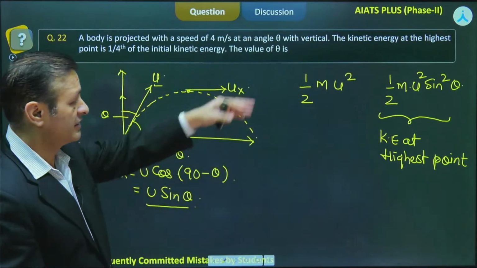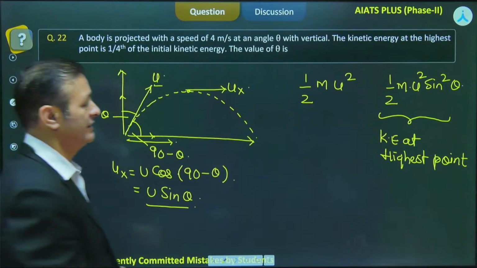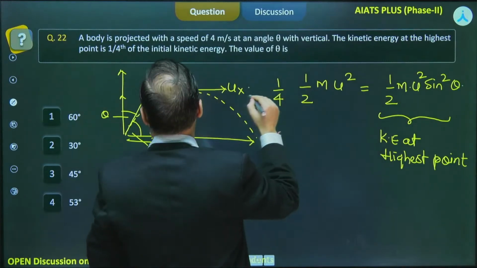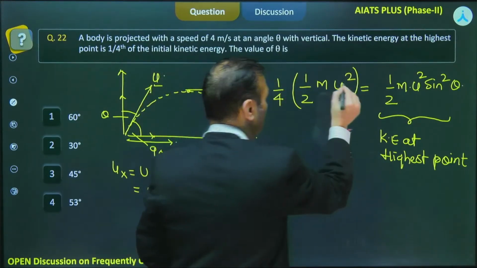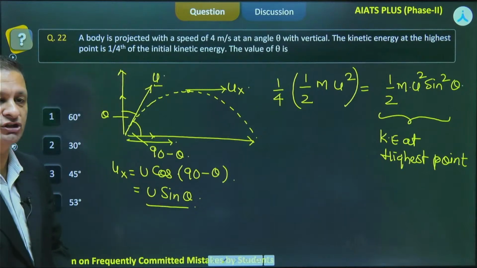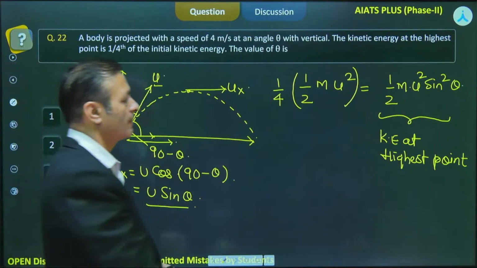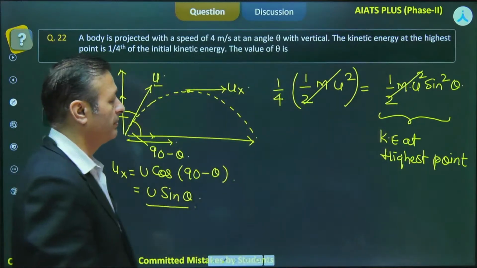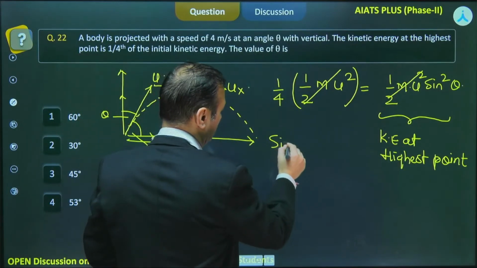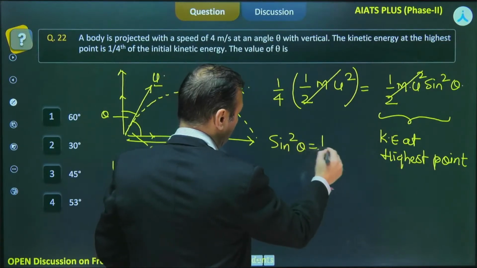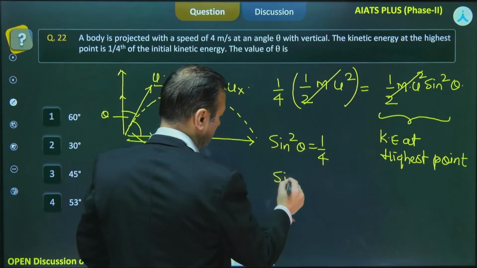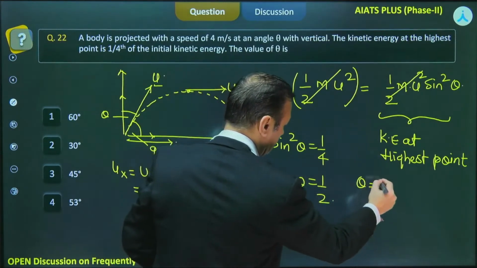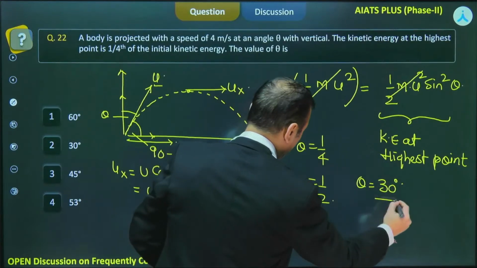But your question says the kinetic energy at the highest point is equal to 1/4 of the initial value. Can you understand this? 1/4 of its initial value. So if you cancel the common part, sin square theta is 1/4 and your sin theta becomes 1/2, so theta becomes 30 degrees.